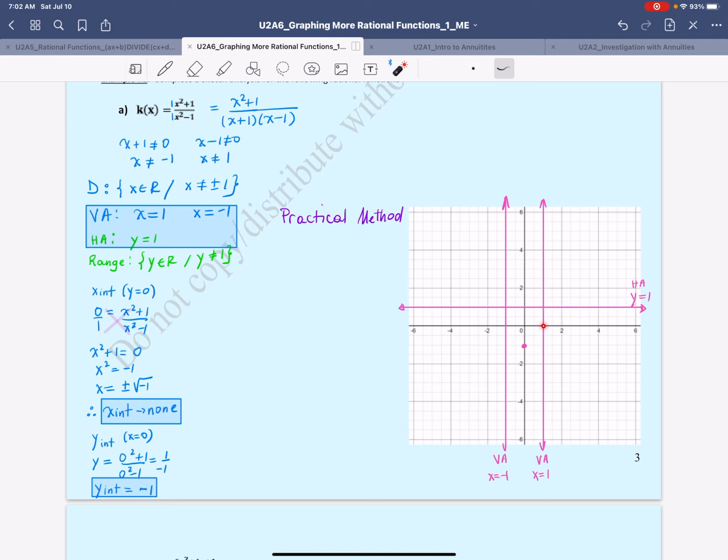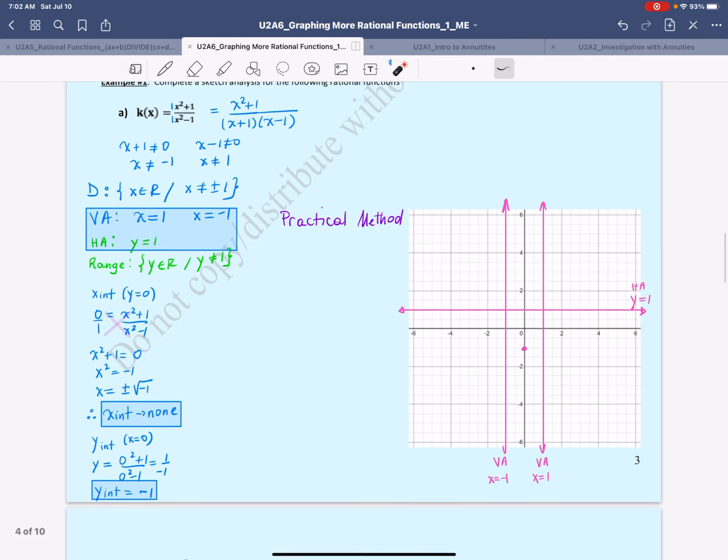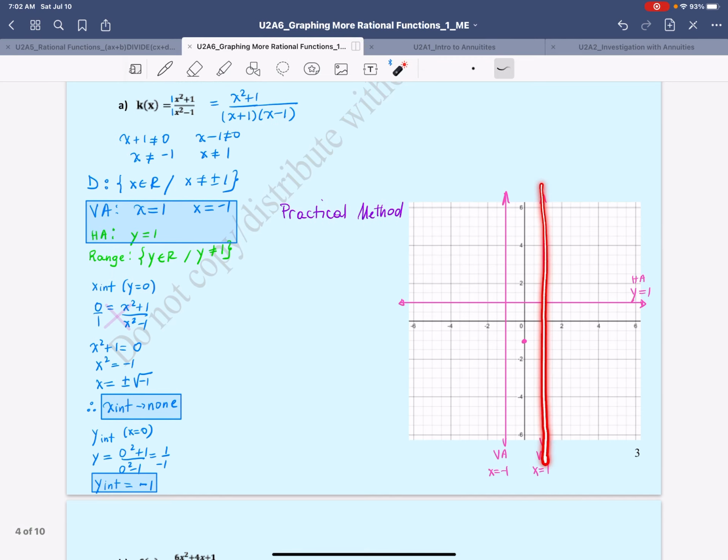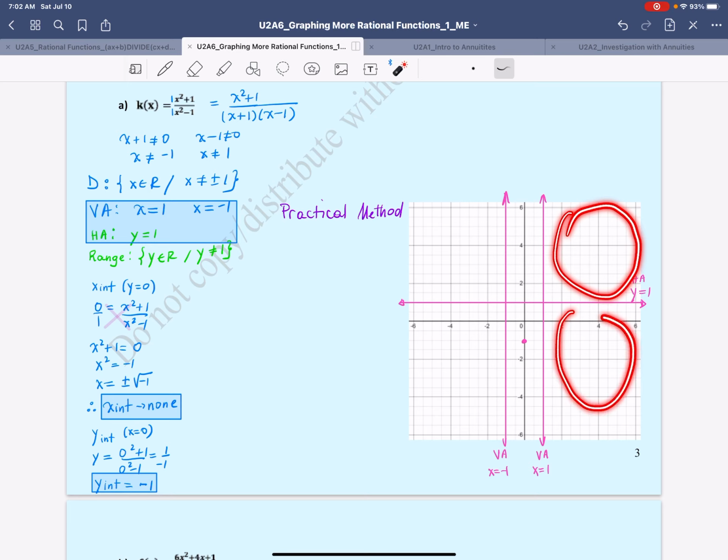For example, from 1 to infinity, the graph will appear either on this section or on this section, because the graph has to follow the asymptotes. So this is why we refer to points that cut off the domain in order to determine where the graph will be.